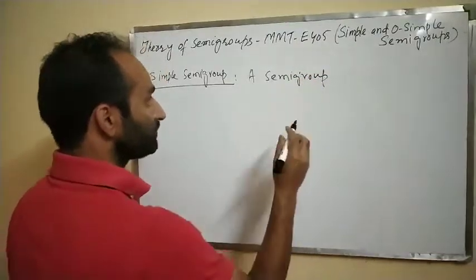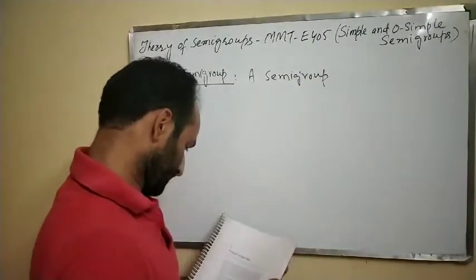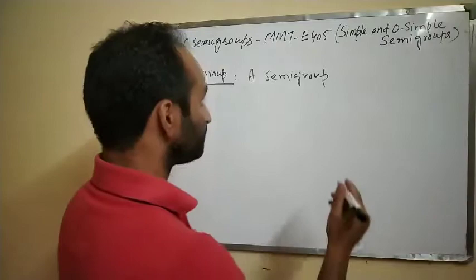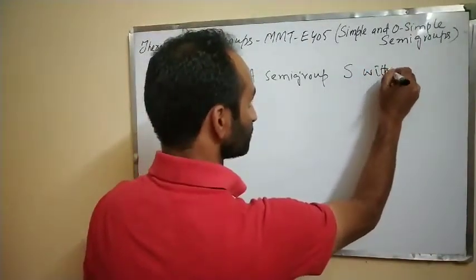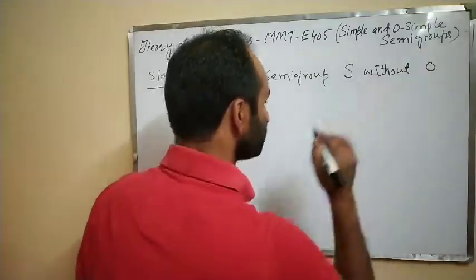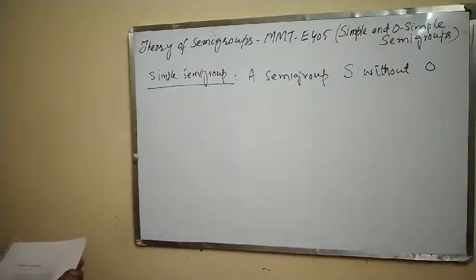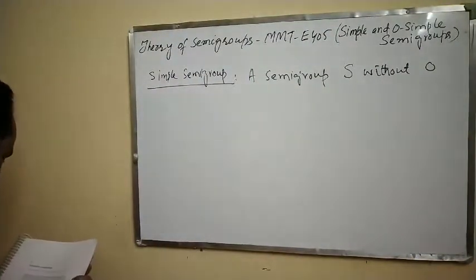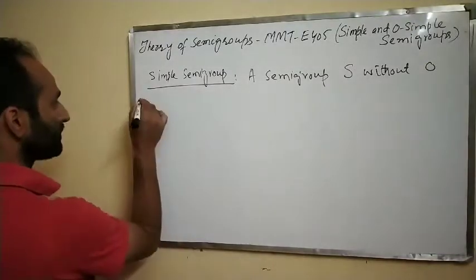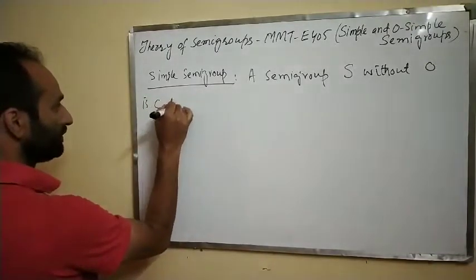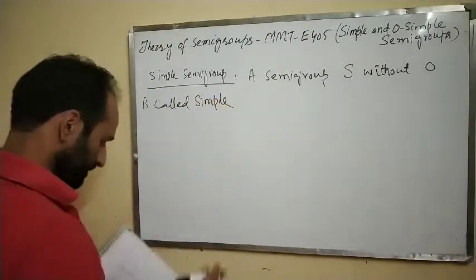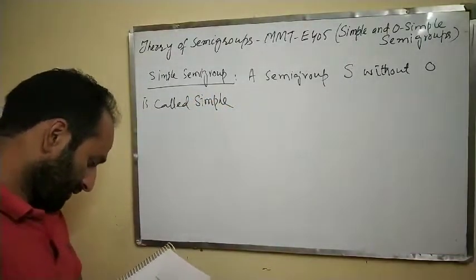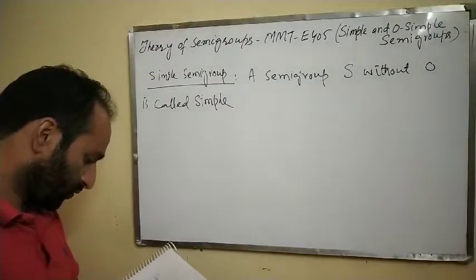A semigroup S without zero is called simple if it has no proper ideals.